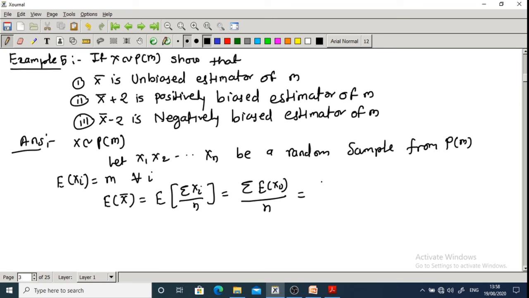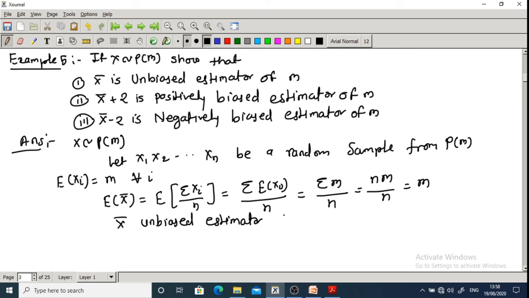So expectation of xi is m, summation of m divided by n. How many times is m added? n times. So n m divided by n. So your answer is m. So x bar is an unbiased estimator of m. First condition is satisfied.